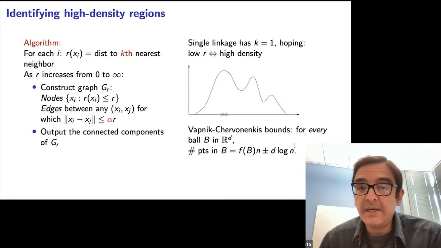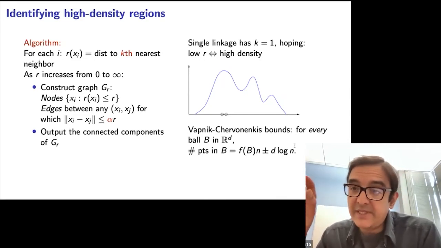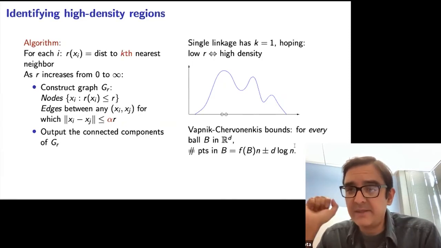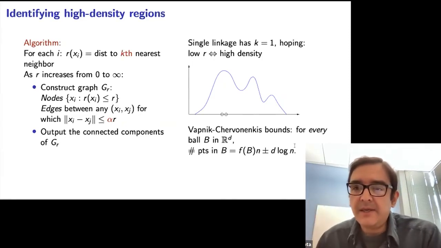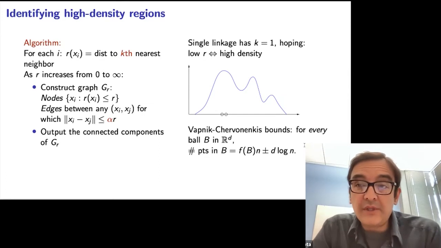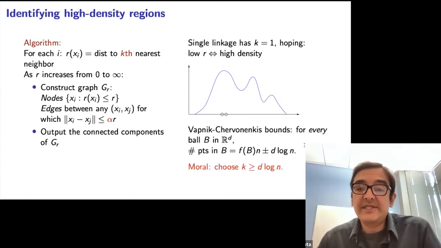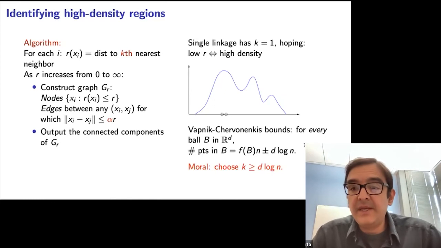Here I'm looking at bounds for the case where the expected number is some small constant. So this is great: every ball contains roughly the right number of points, plus or minus d log n. But what this suggests is that the value of k we should take is d log n.